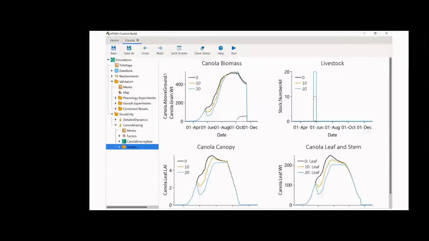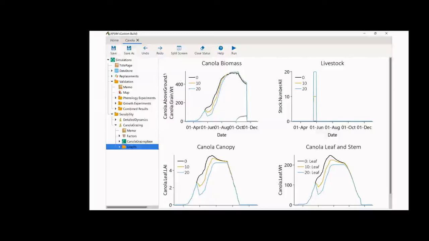The other sensibility test is, as I was saying, for canola as a dual purpose crop. Within the crop here, we've got a simulation, once again for Southern Australia, where we have plugged some livestock into the same simulation.